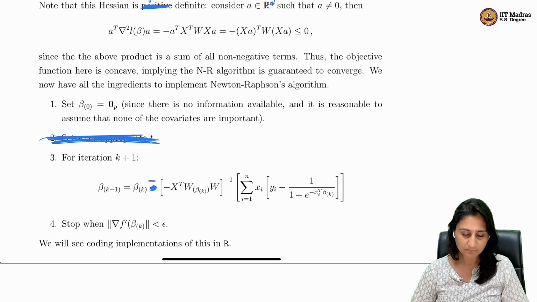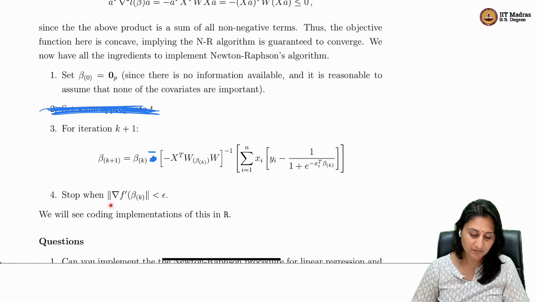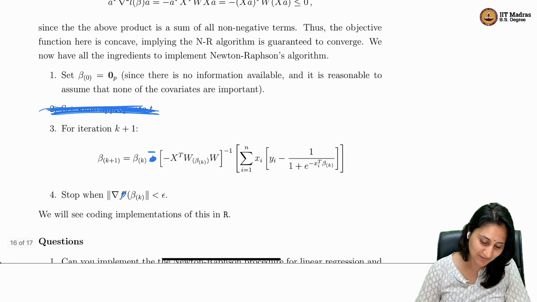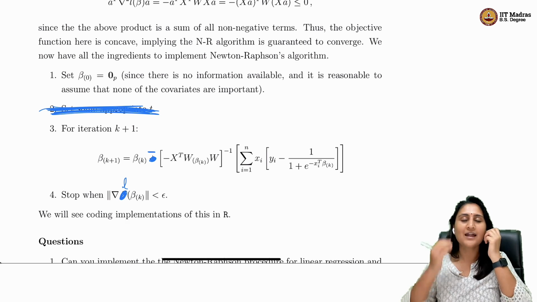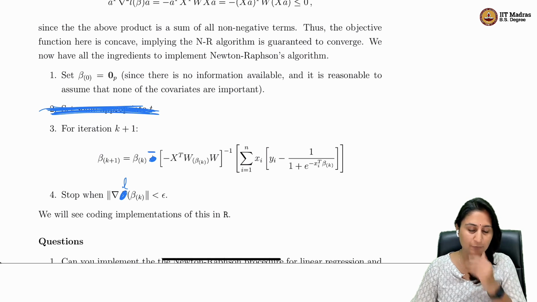Okay. Now, what I'll do is I'll check whether the gradient, so here again, this should be not f prime, gradient L beta k, is small enough. Okay, I'll clean up the notes when I put them online for you.